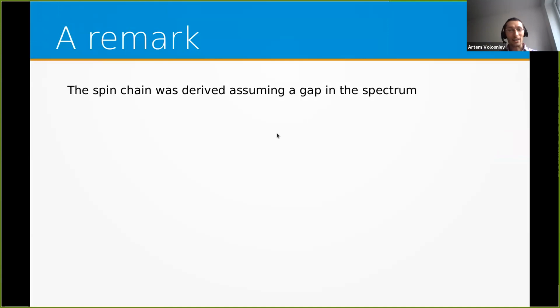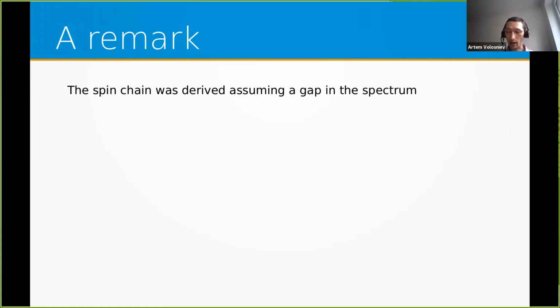Okay. Again, another remark, and this remark is basically the same which we did before. So the spin chain was derived assuming a gap in the spectrum. We kind of always assumed that the spectrum has gaps. So that was crucial for our assumption. But of course, you could say that if you go to not very high temperatures, but if you populate higher excited states, then the gap between them becomes smaller and smaller and smaller.